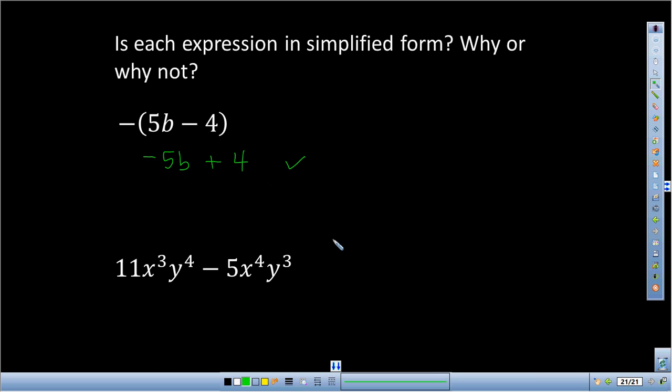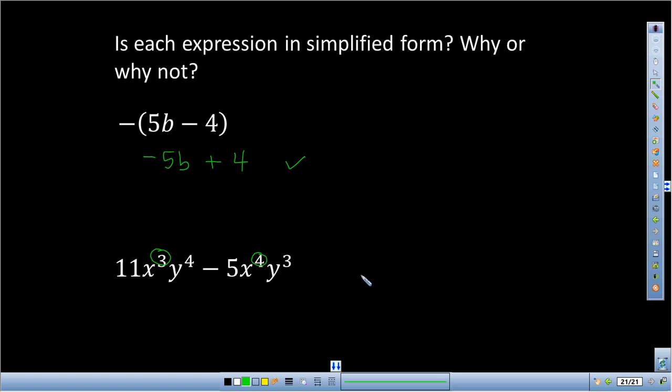Okay. Now we have to determine whether or not this next expression is in simplified form. Remember, we're looking for like terms. We have 11x cubed y to the fourth subtract 5x to the fourth y cubed. We have to make sure that we have the same variable factors. If you look carefully, you'll notice that we have x cubed in the first term, we have x to the fourth in the second term.